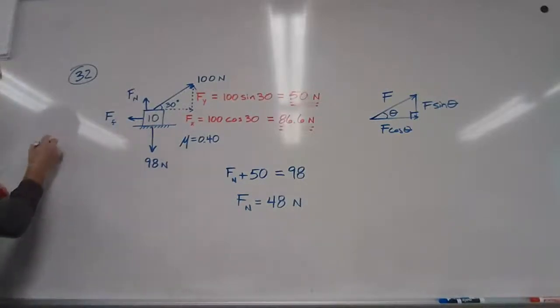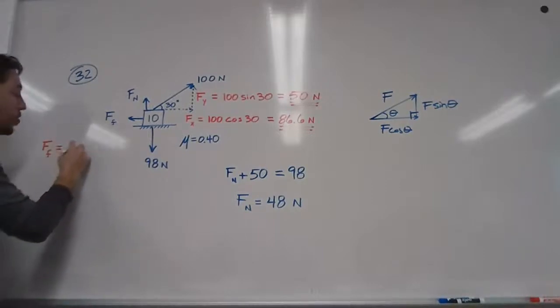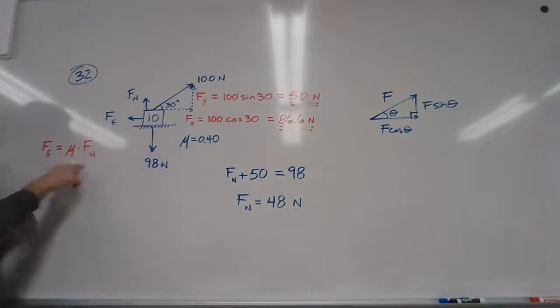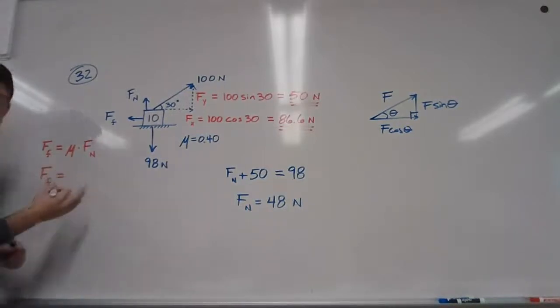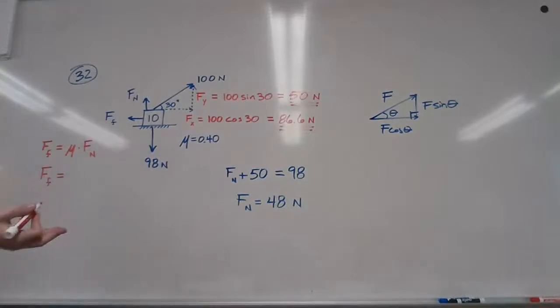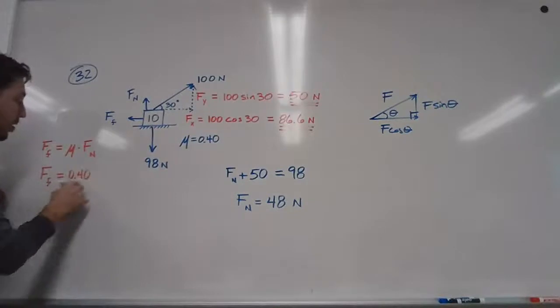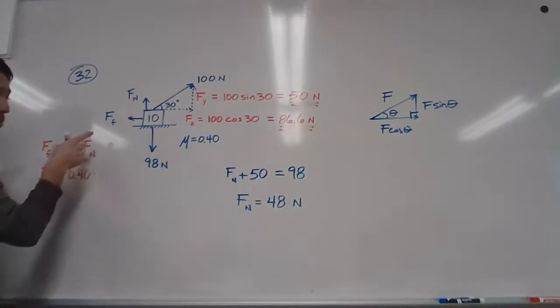Formula for friction force: mu K times the normal force. In this particular situation, our mu is 0.4, and our normal force is 48.